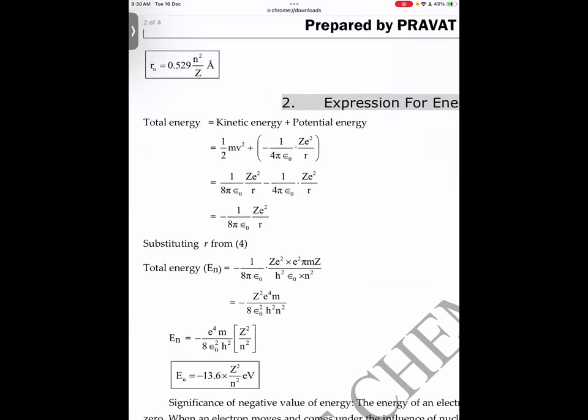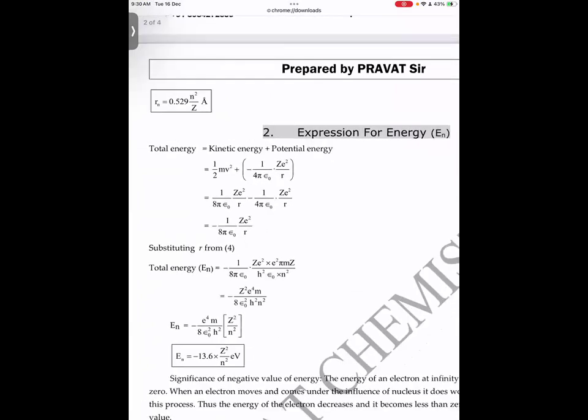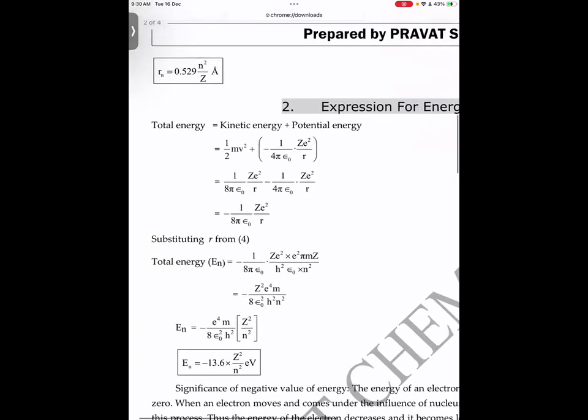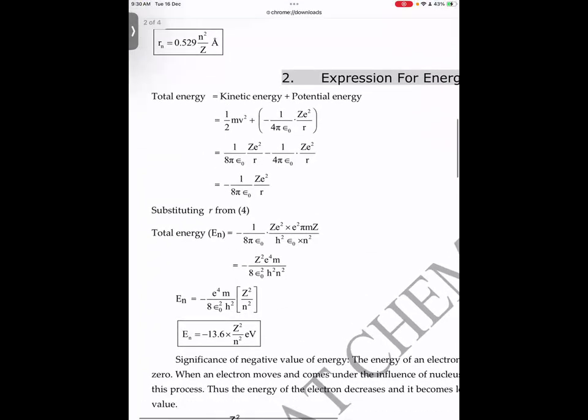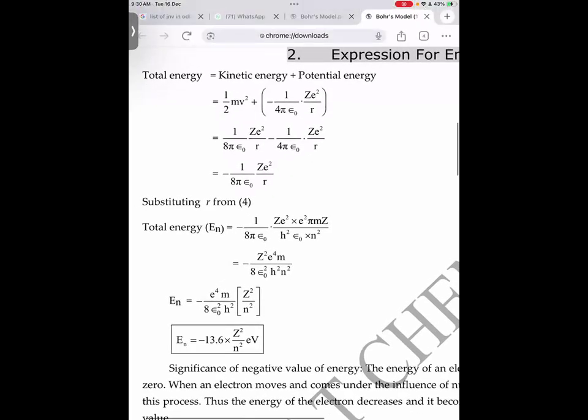Next, how to find the energy of the electron present in the particular shell? Total energy is the sum of kinetic energy and potential energy. Kinetic energy is half mv square, potential energy is minus 1 by 4 pi epsilon naught z e square upon r.